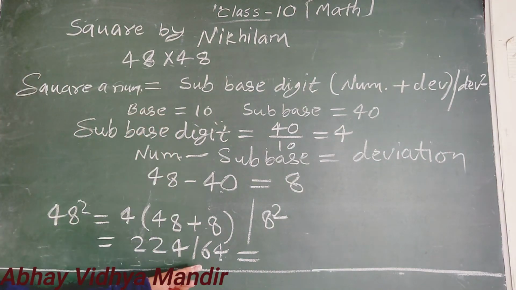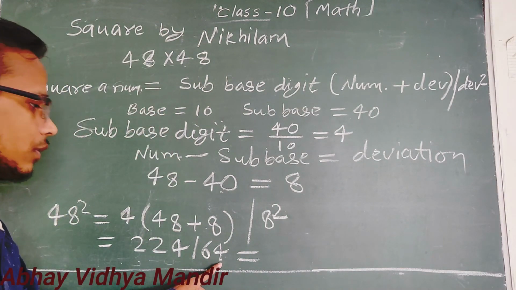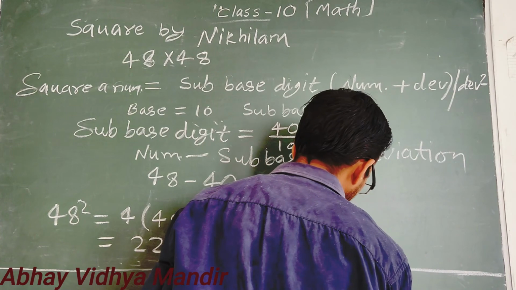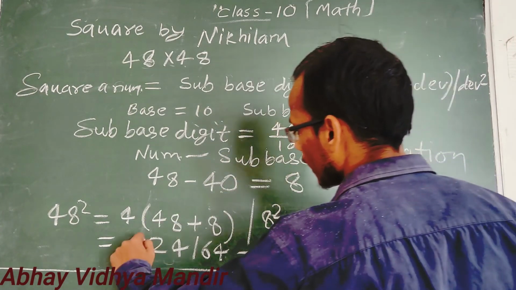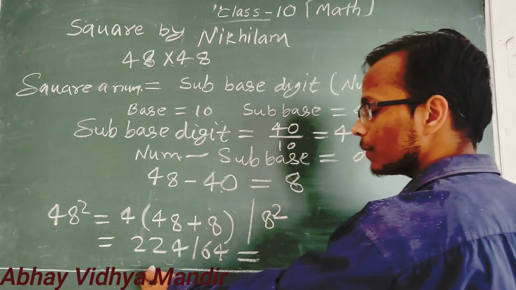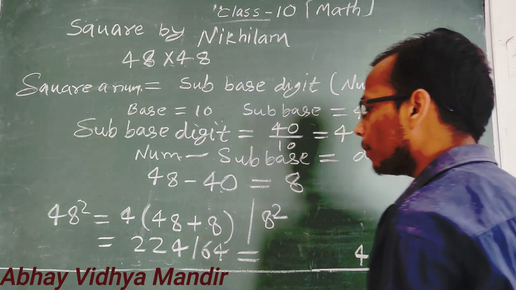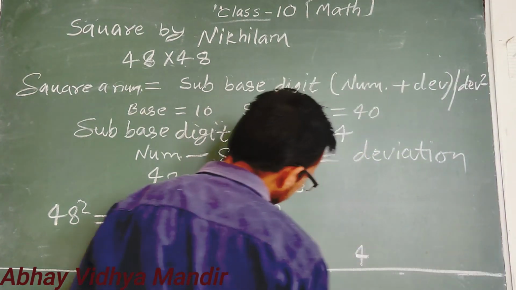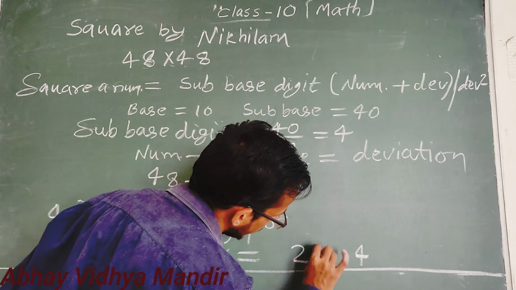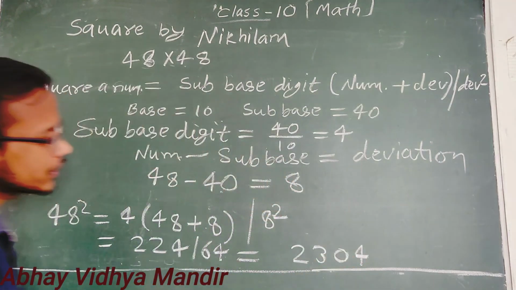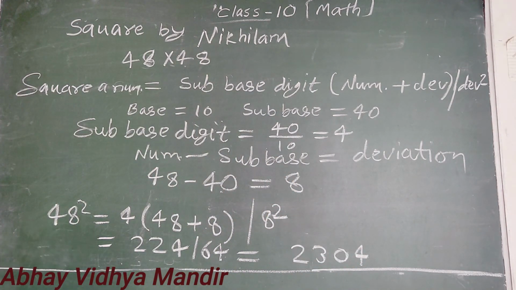Now base is 10, so we will take only digit 1. First 4, then the next digit we carry. Add it: 224 plus 6 is 230. Okay, this is the square by Nikhilam.